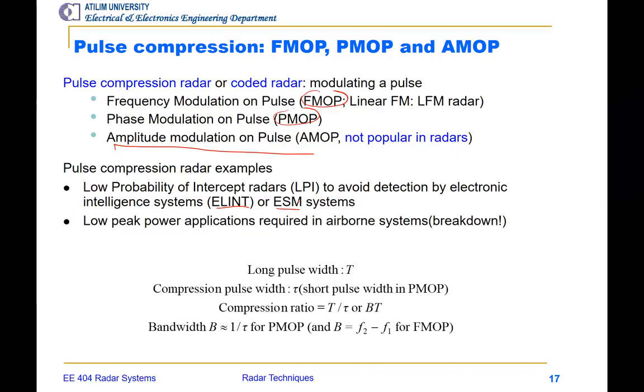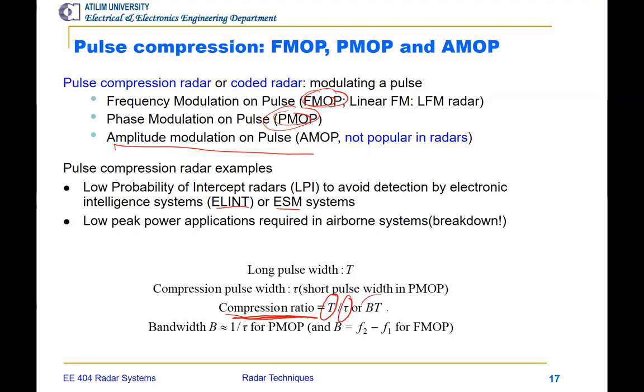If you do not know how FMOP or PMOP is implemented, you couldn't detect the signal. You couldn't detect the radar. There is a very critical parameter that we come across in pulse compression radar: compression ratio, which is the duration of the long pulse divided by the duration of subpulses.